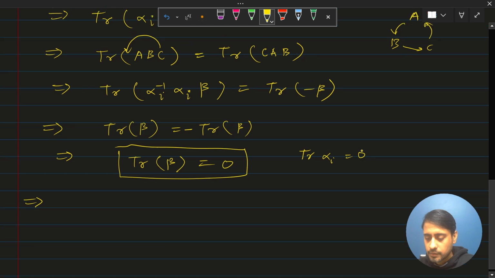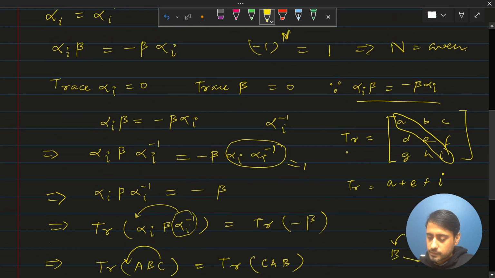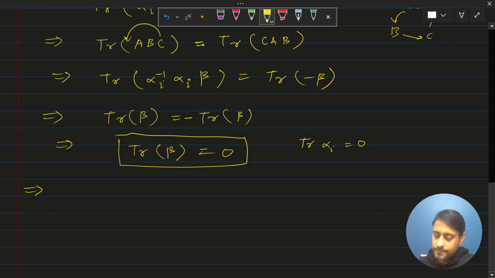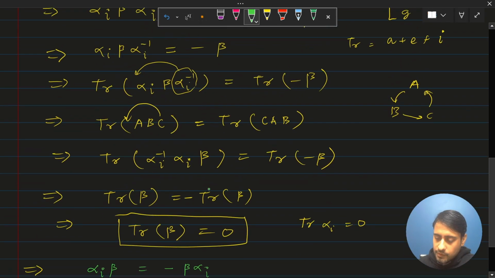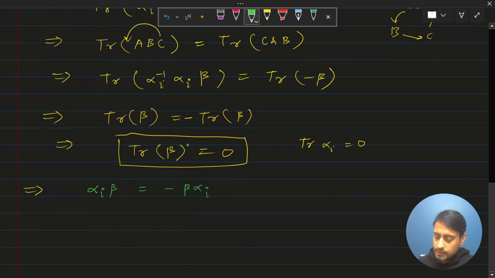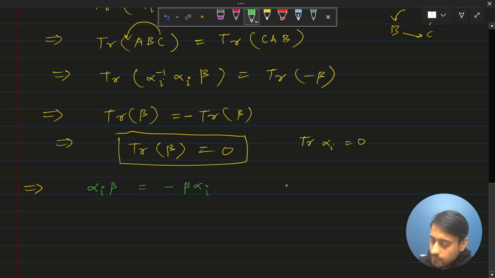So for that we can start with the same argument. Alpha I beta equals minus beta alpha I. Previously we multiplied it by alpha inverse from the left hand side. So this time we will multiply it by beta inverse.